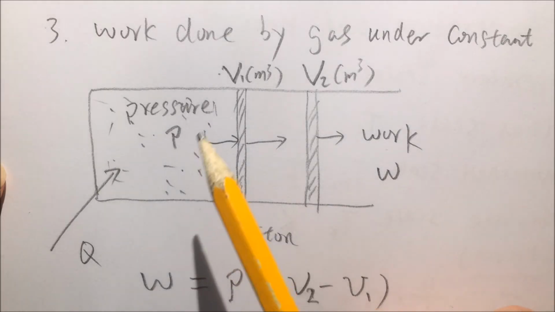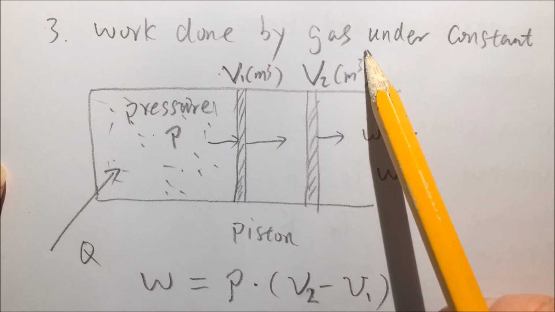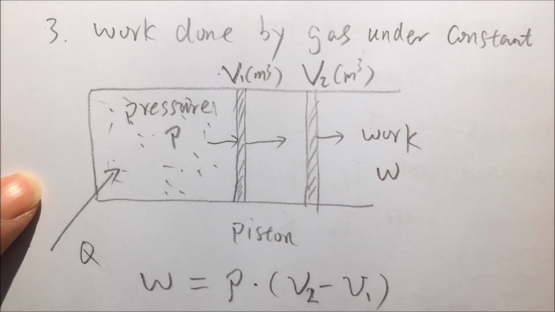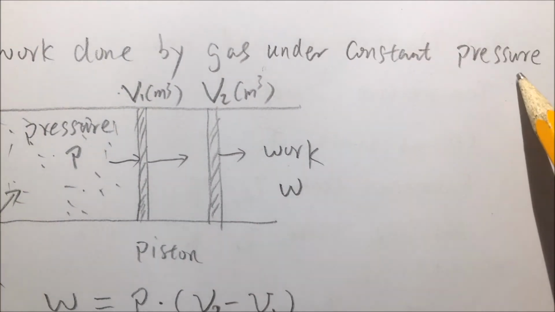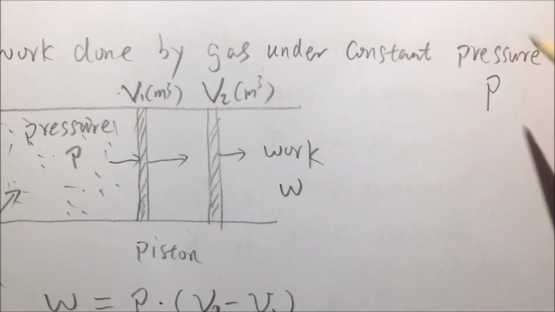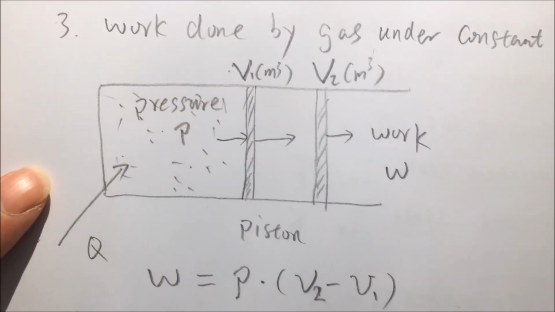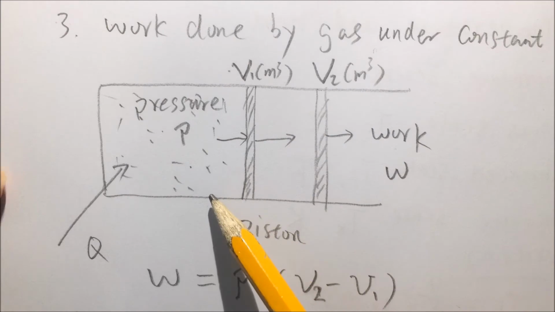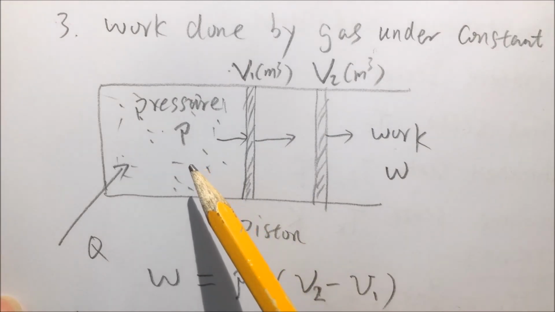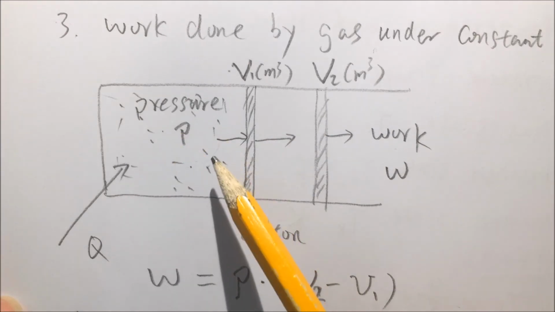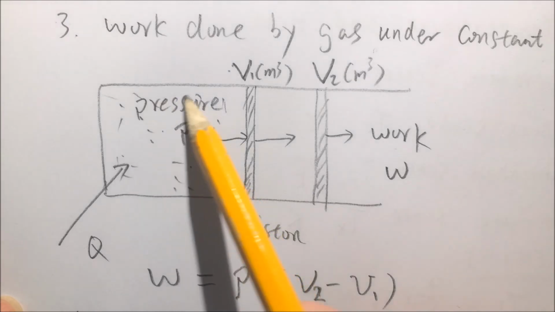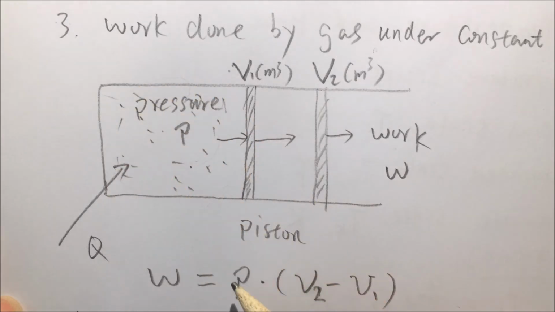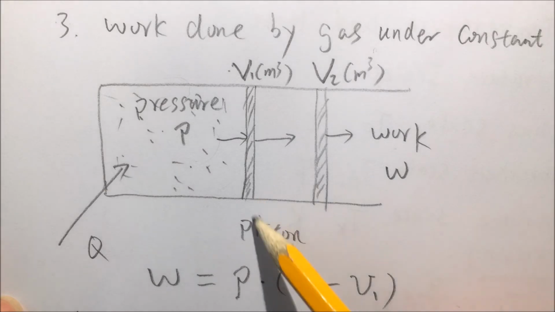Now we come to the third point. It's work done by the gas under constant pressure, P. So over here I have a diagram showing a certain amount of gas enclosed in a container, enclosed by actually a piston.